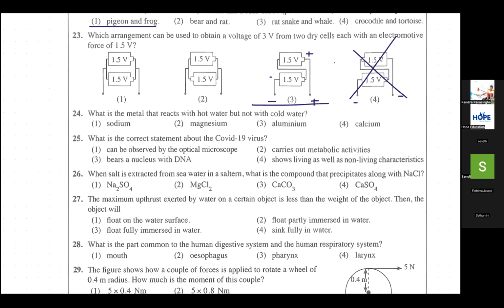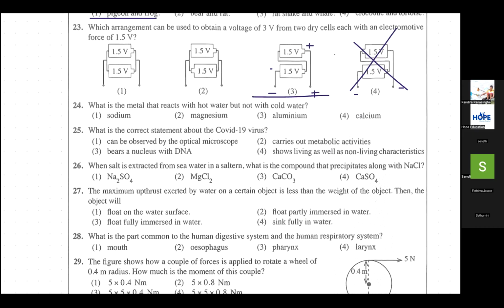What is the metal that reacts with hot water but not with cold water?